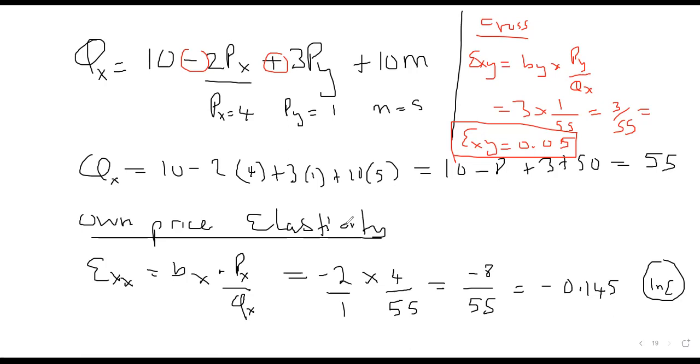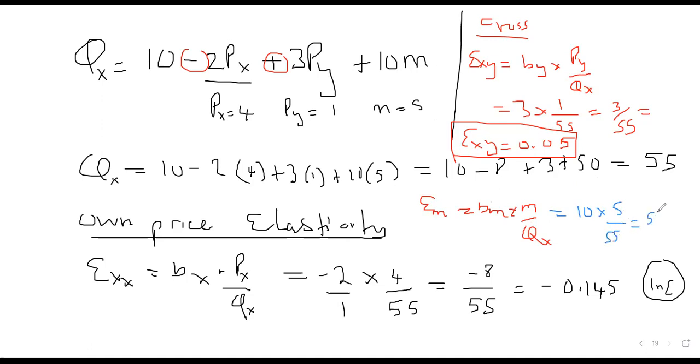Then we go to income elasticity. It's the gradient for the income times the actual income over the quantity of good X. So what was the slope for the income? 10. So put a 10 there. And what was the income? 5, over the quantity here, which is 55.